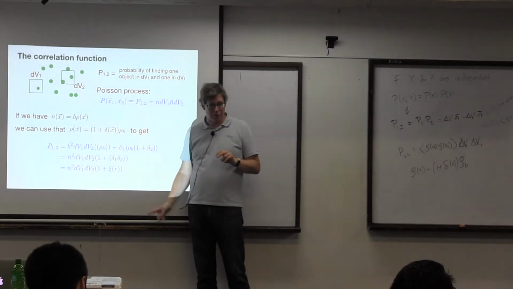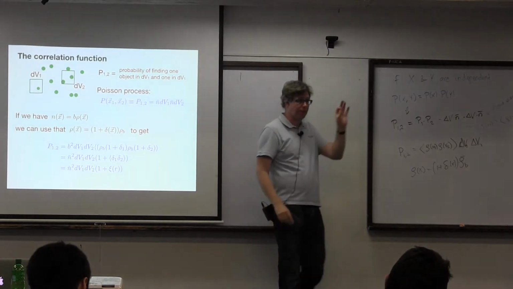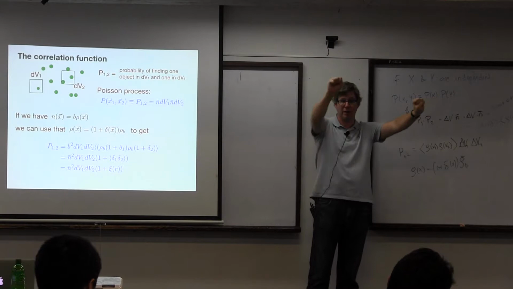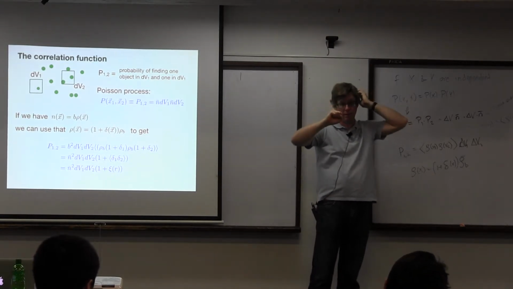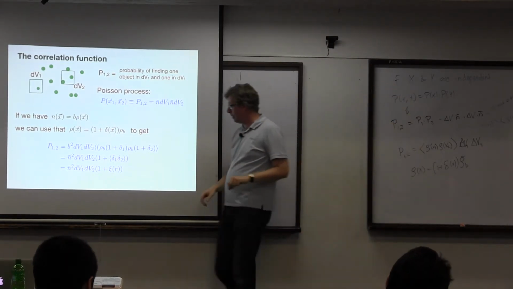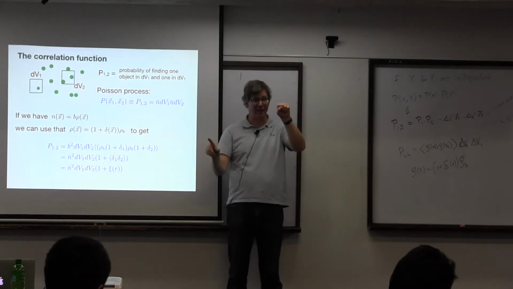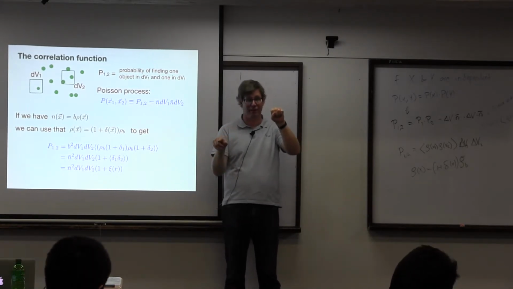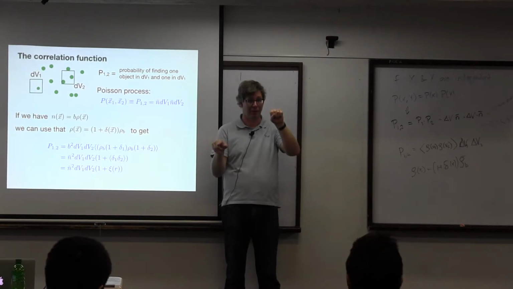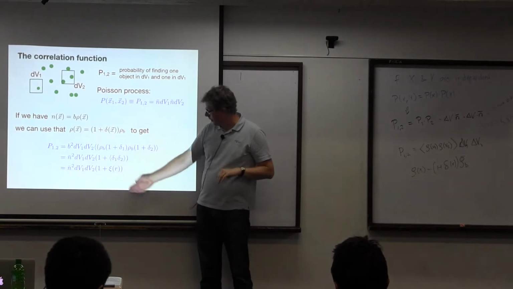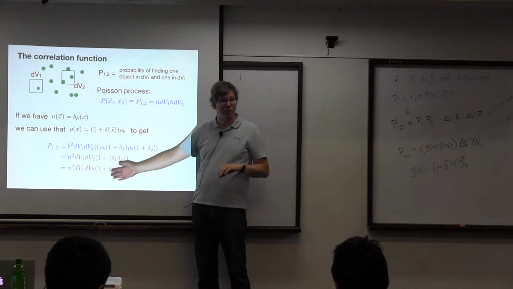So when this is positive, it means that there is higher chance than random to have one galaxy here and another one here. If it's negative, it means that if you have a galaxy here, you're less likely than random to have a galaxy here. Okay? So it's like having people that smell good and smell bad.